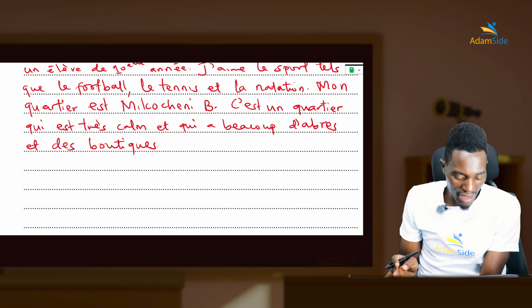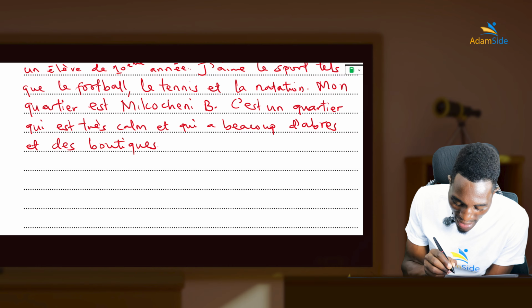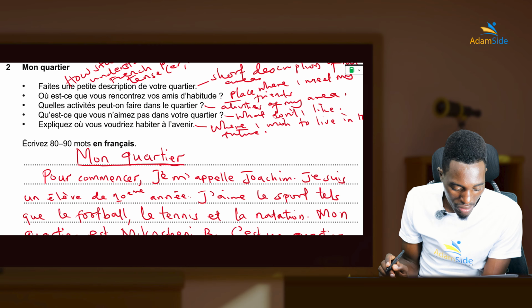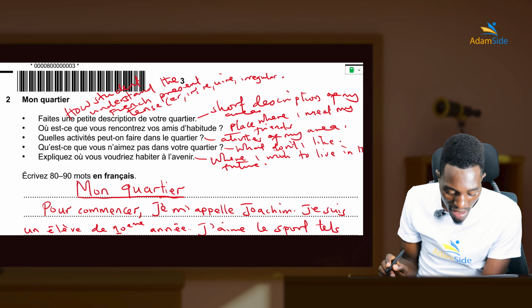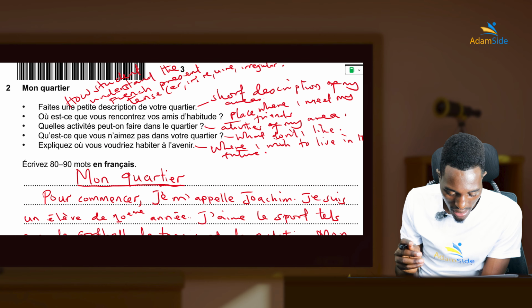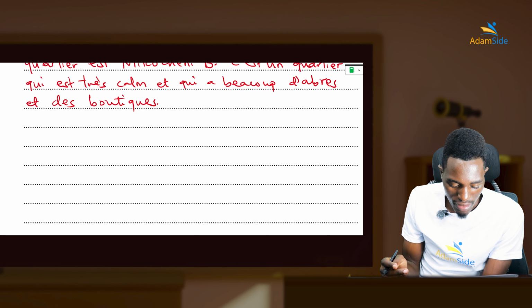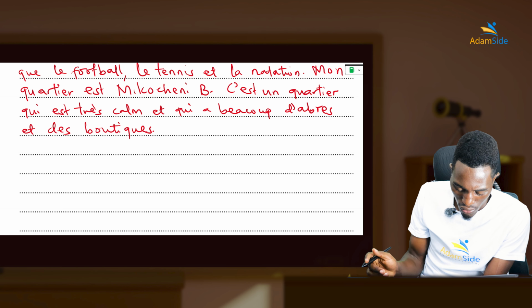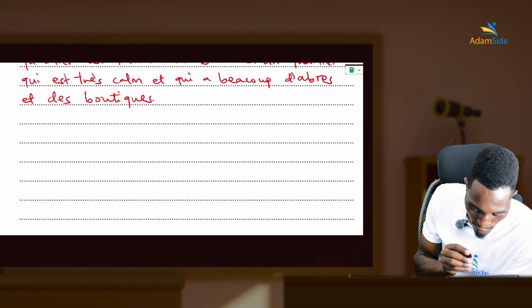So I can go to the second question because here I have explained about my area. Où est-ce que vous rencontrez vos amis d'habitude? Okay. Where do I meet my friends first? If you see, my paragraph has become too long, so I can add a paragraph.